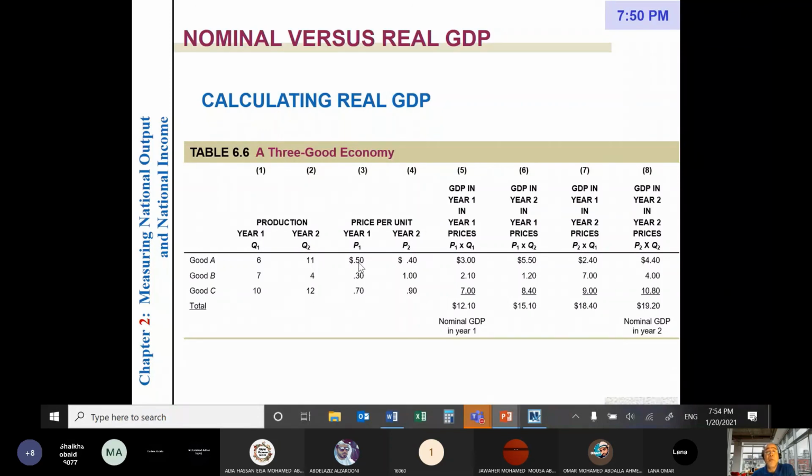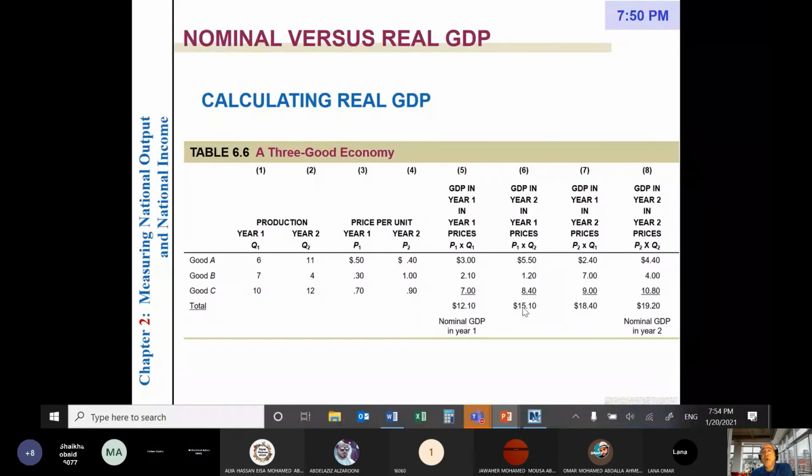So P1 times Q2, P1 times Q2. So equal here, P1 times Q2. Find the sum, it will be 15. So in reality, real GDP increased from 12 to 15, not from 12 to 19.